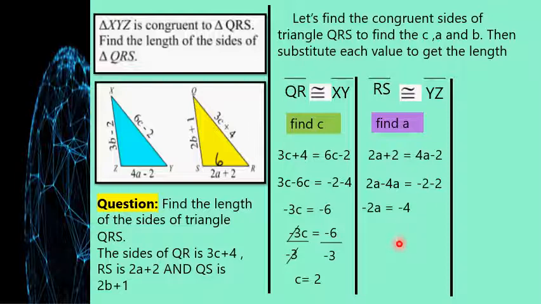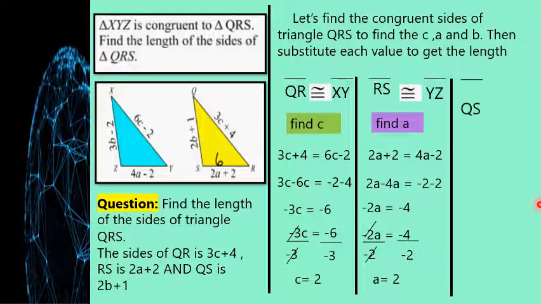So negative 2a equals negative 4. Then we're going to use the division property of equality. Divide both sides by -2 to get the value for A. And then again, cancel out -2. And then A equals 2.